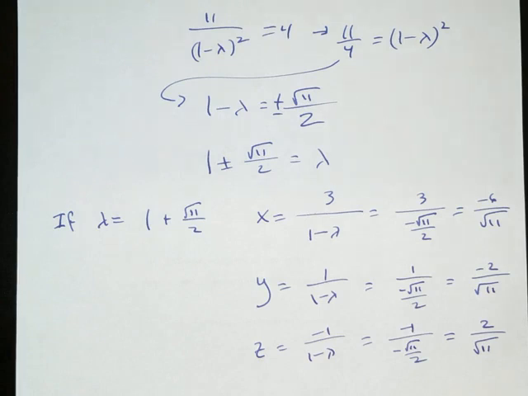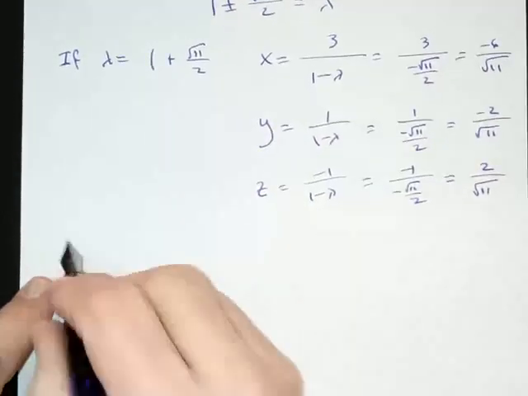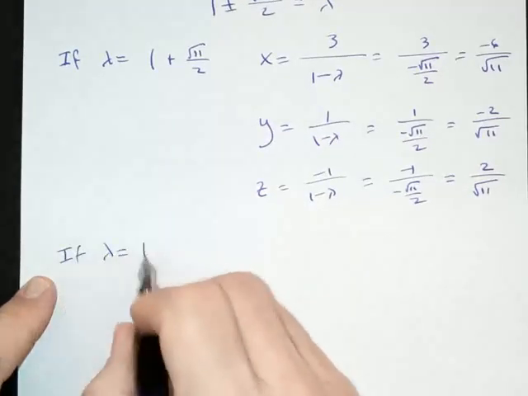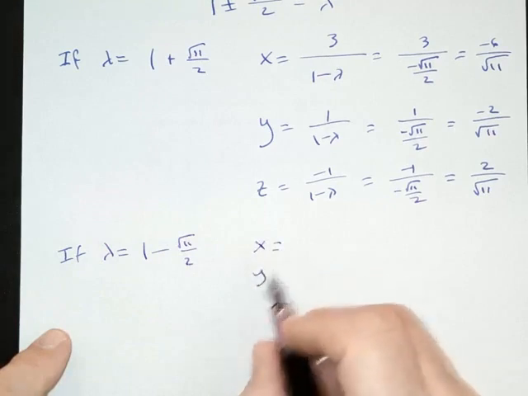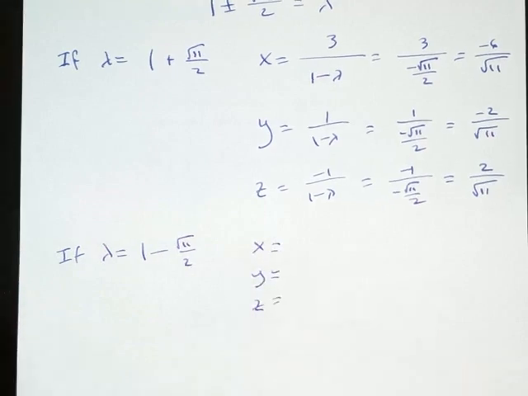What happens if I use 1 minus root 11 over 2? All the signs just flip, because instead of having 1 minus lambda be negative, 1 minus lambda will be positive.